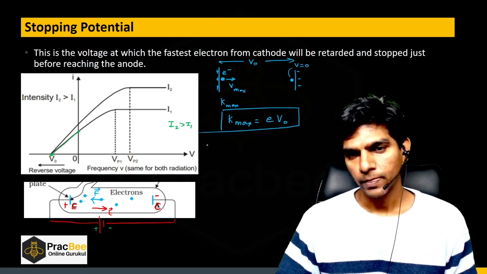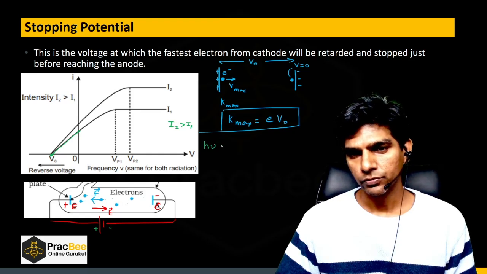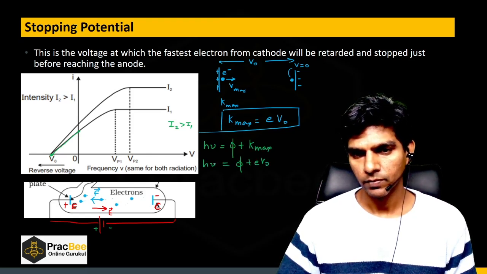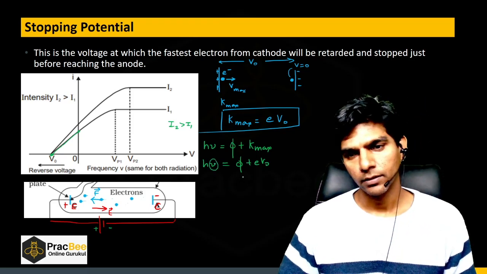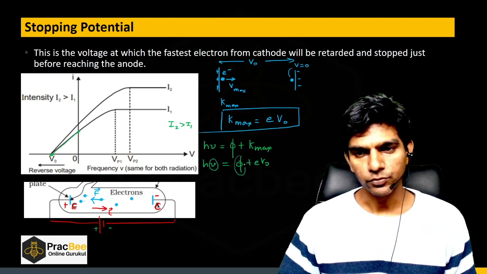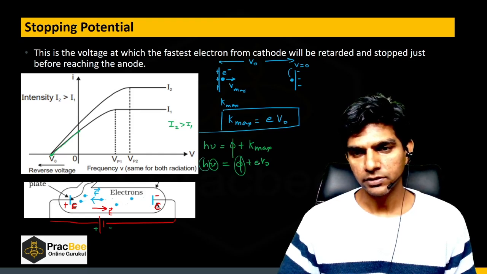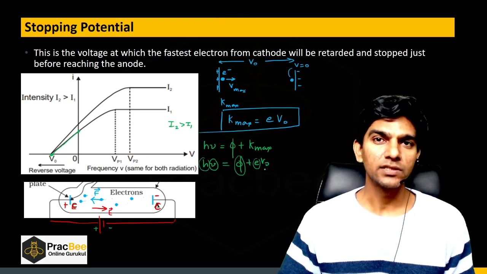So let me show you. We have h nu equals phi plus Kmax, and this Kmax can be written as e times V naught. So can you see, if the frequency is the same, the work function is the same for a given metal, h is constant, e is constant, so the stopping potential will not change.